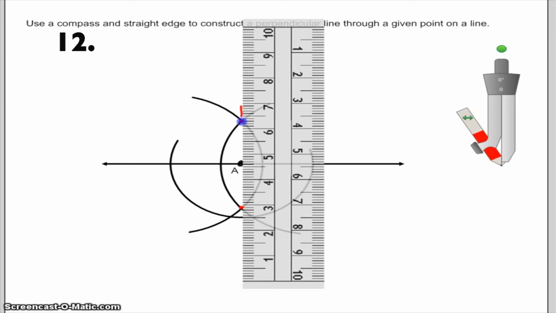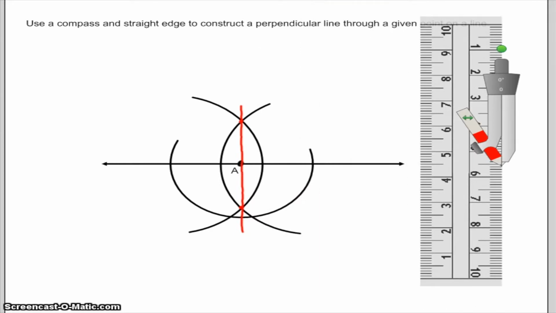So now we just use our straight edge, and we draw a straight line through those 2 points. Okay. And this line, we can call it line M if we want, and call the given line N. M is perpendicular to N. So we have created a line perpendicular to a given line that passes through a point.